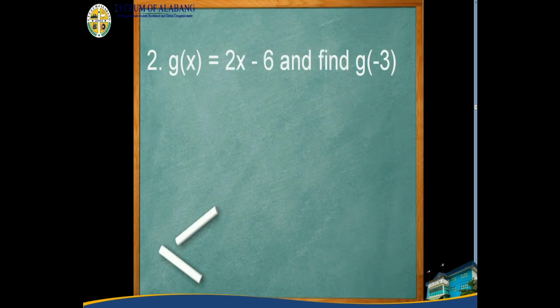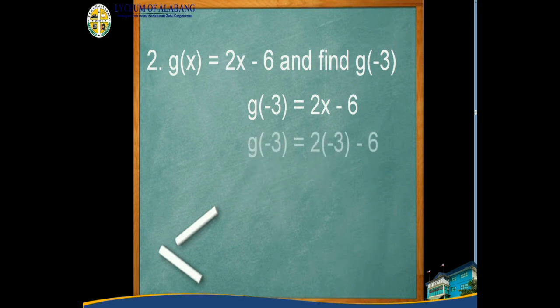Number 2. G of x is equal to 2x minus 6. And find g of negative 3. G of negative 3 is equal to 2x minus 6. Just replace the variable x with negative 3.